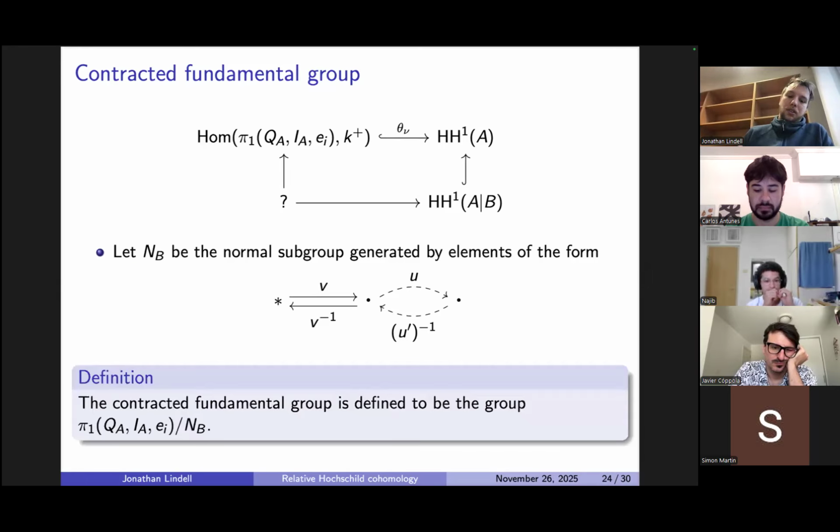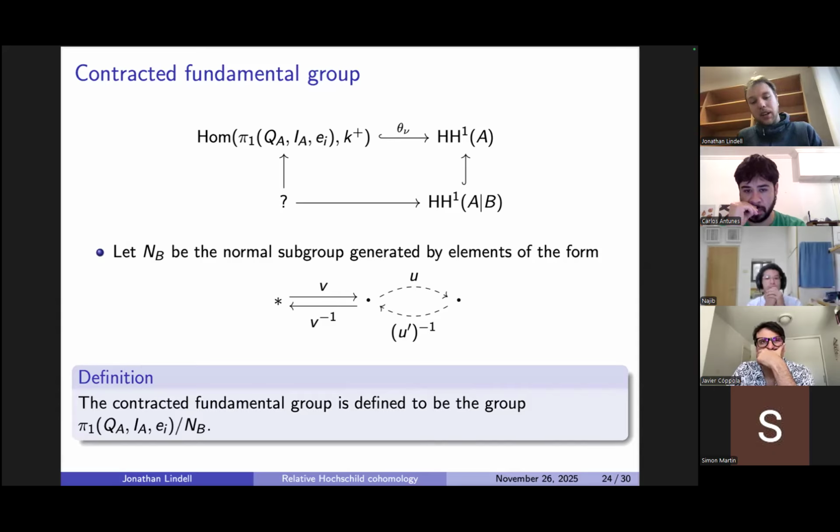The contracted fundamental group we then define to be the group we get by quotienting the fundamental group by this normal subgroup. How we think about this is that if the B parts were contractible, then the generators above would of course be trivial by the homotopy, since V and V minus 1 are the same path, the same walk.